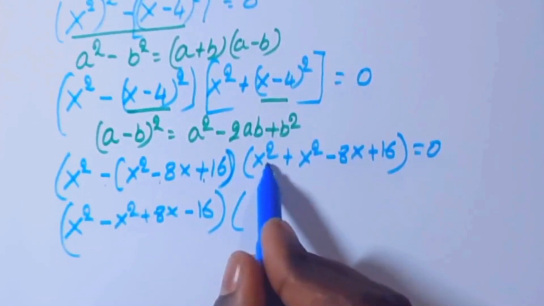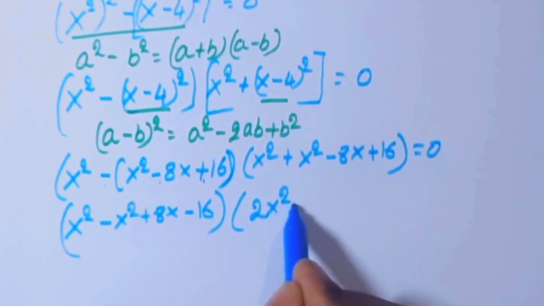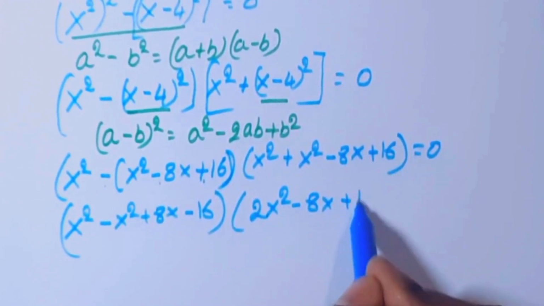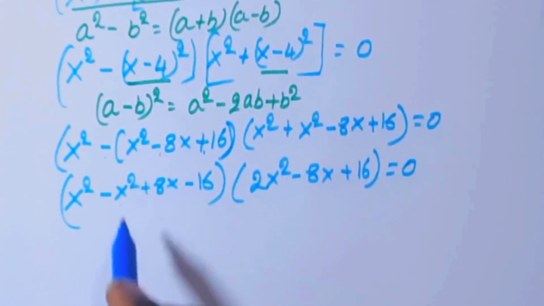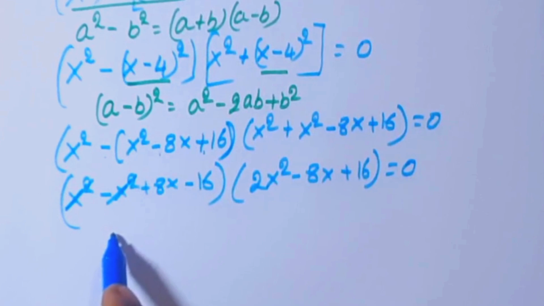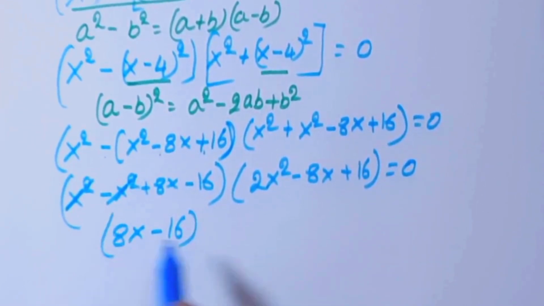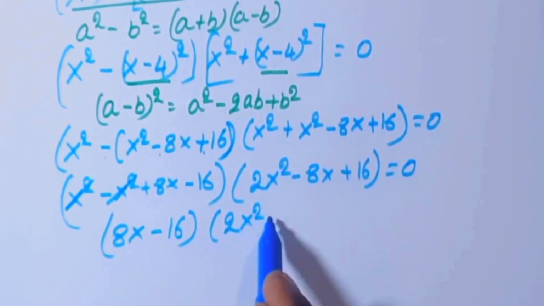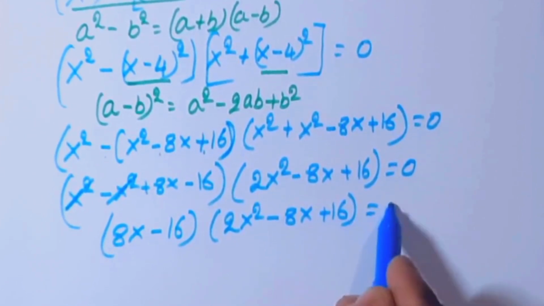Now this x square and x square is 2x square minus 8x plus 16 equal to 0. Now this minus x square and plus x square cancel each other. So here 8x minus 16 this side, and 2x square minus 8x plus 16 equal to 0.